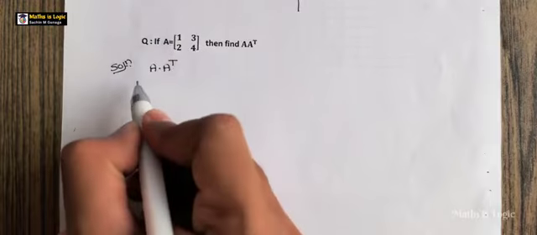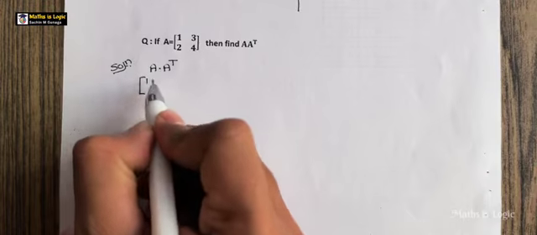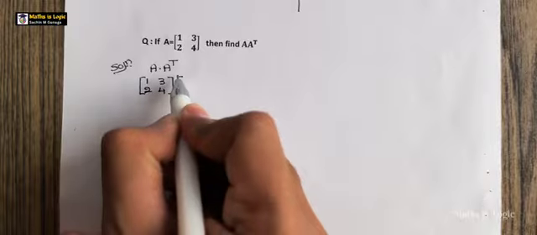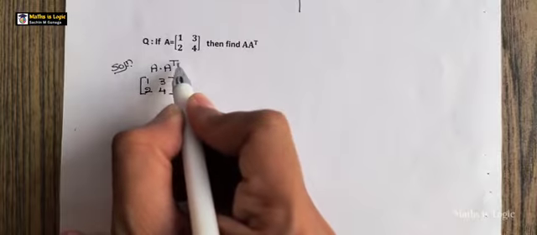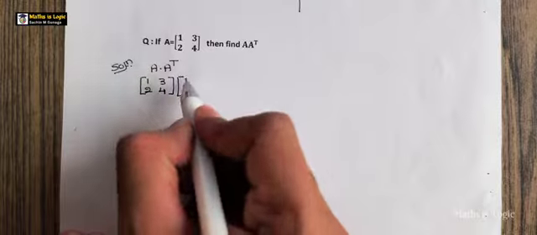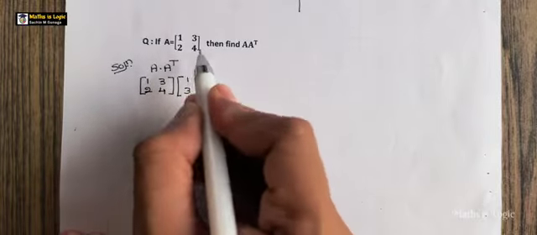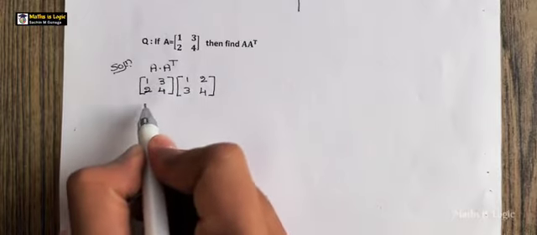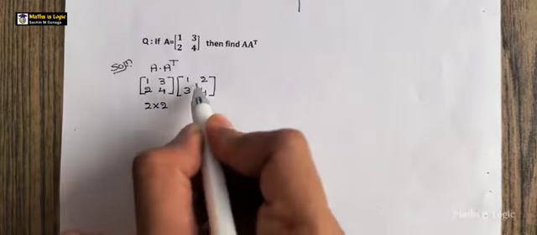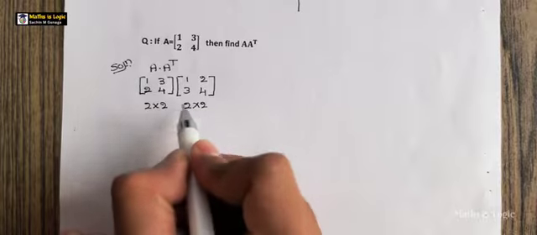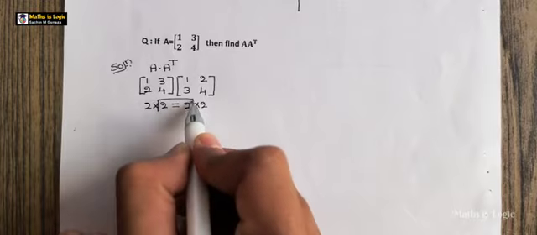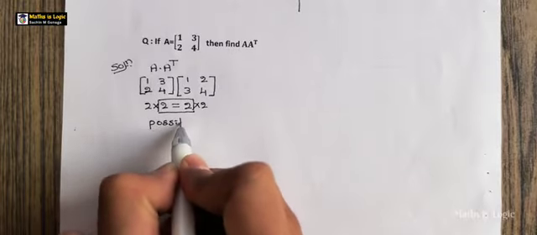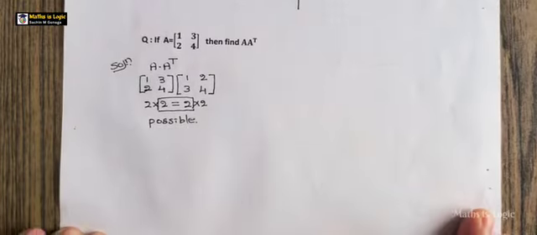First the A matrix, note down the A matrix value 1 3 2 4, into, take the transpose of A. First row write it as the first column, second row write it as the second column. As usual, 2 rows 2 columns, 2 rows 2 columns, so these two values are equal. Therefore here also matrix multiplication is possible.